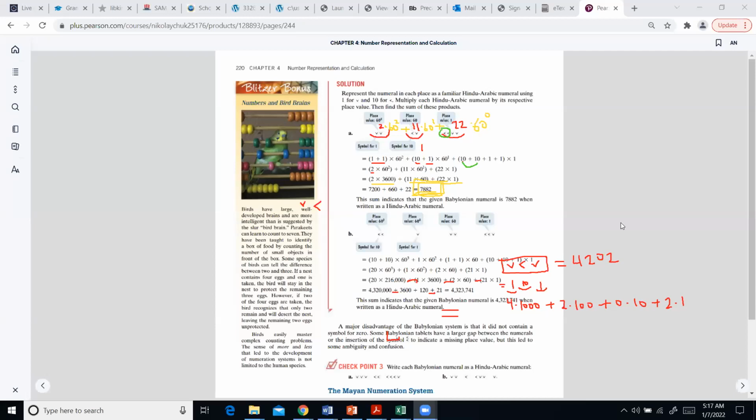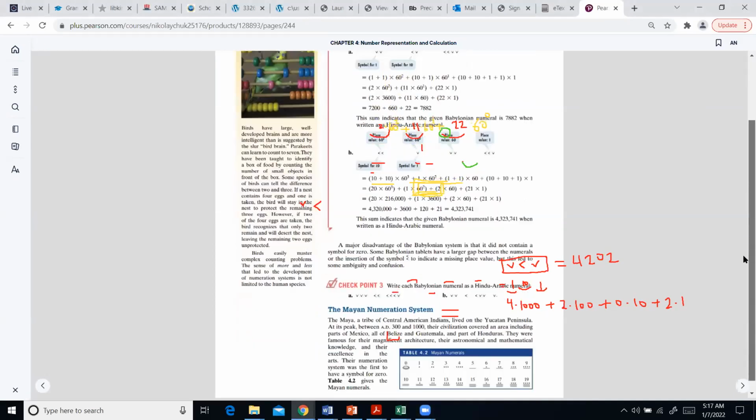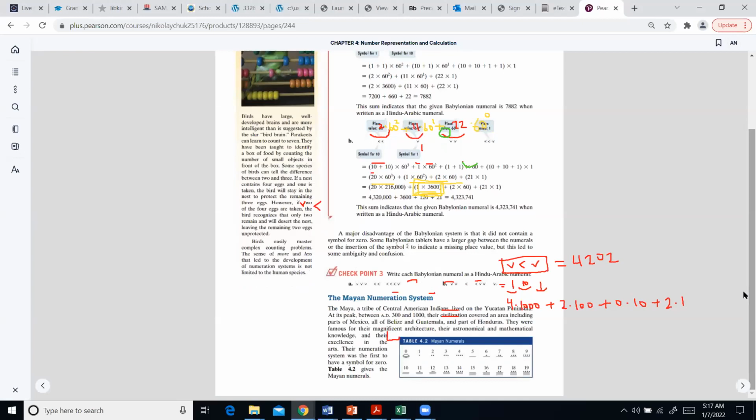So this first section of chapter 4 introduces us to various historical ways to write numbers. The next system is Mayan, which I guess archaeologists discovered actually has base 20 to write down numbers.